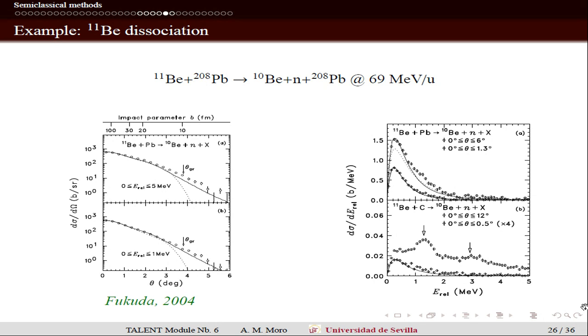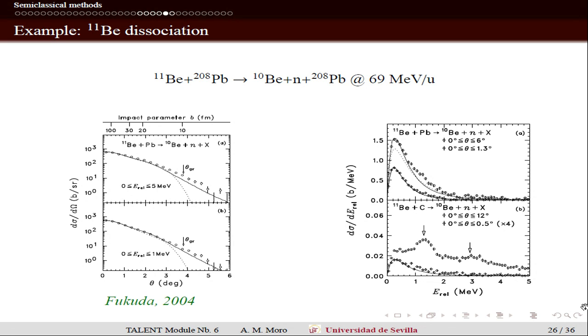So for example, if you cut at 6 degrees here and integrate the angular distribution, then you get this energy distribution. But if you want to make sure that you have only Coulomb, you could also put the cut before, maybe at 1.3 MeV, so this somewhere here.